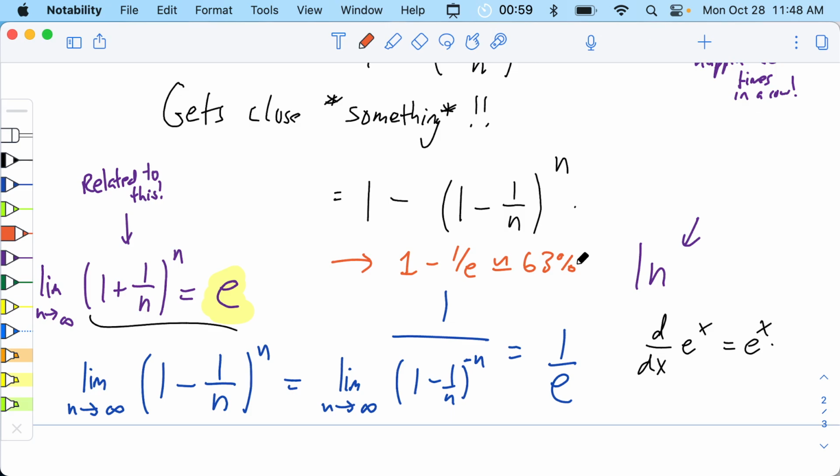Okay, so you'll see this quite a lot. What is the upshot of this, and why is this important? It's because I want you to know one fact.